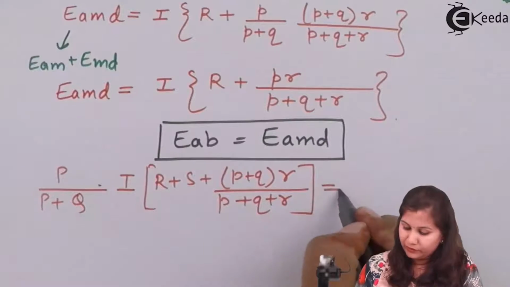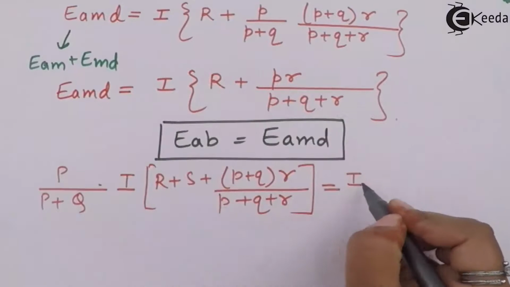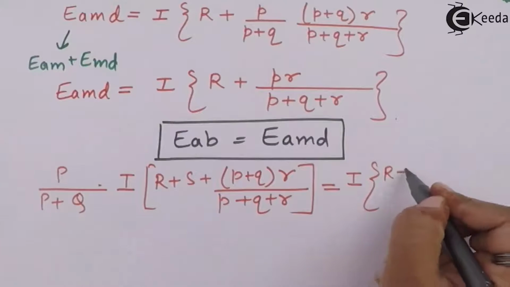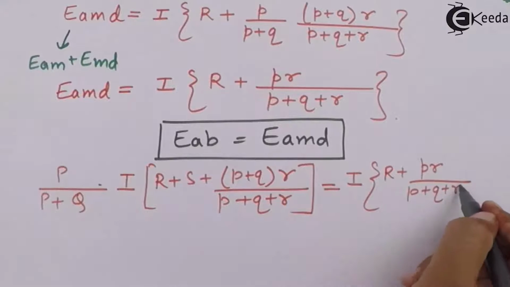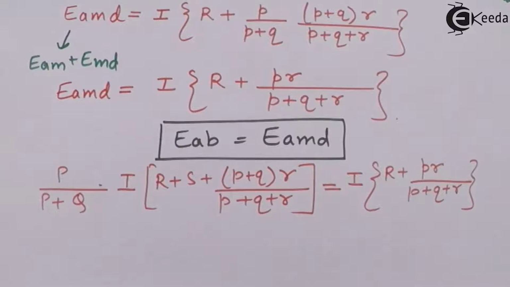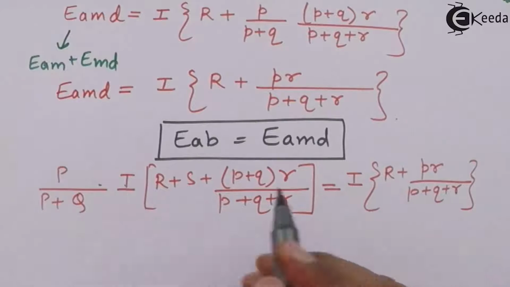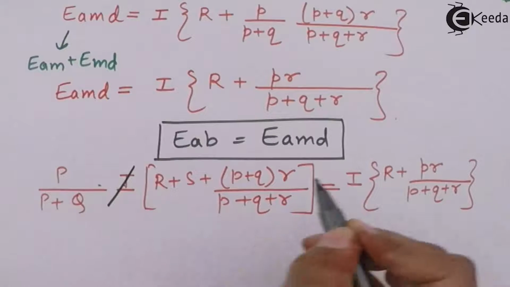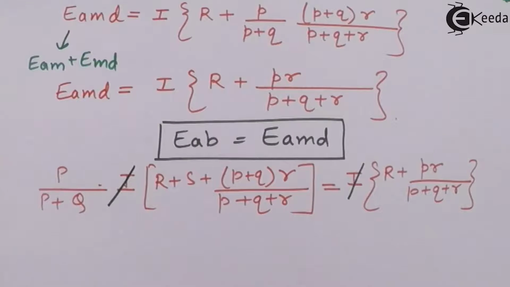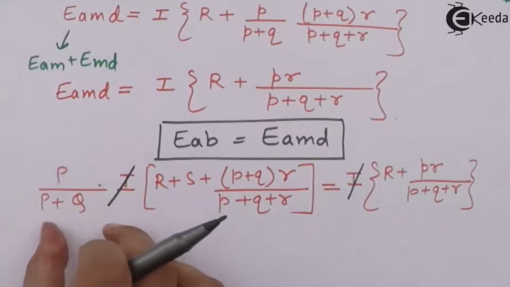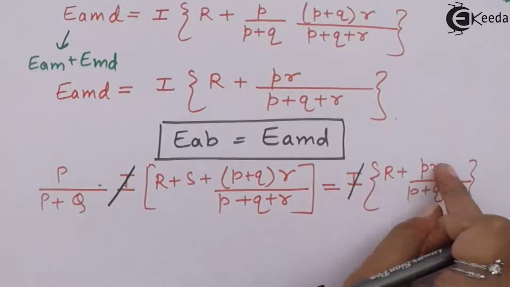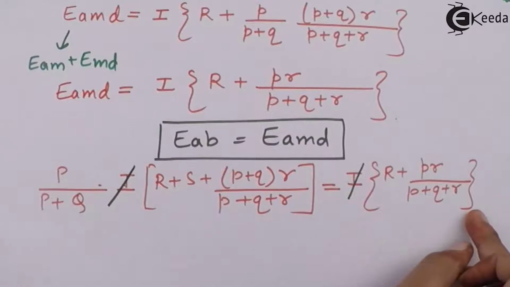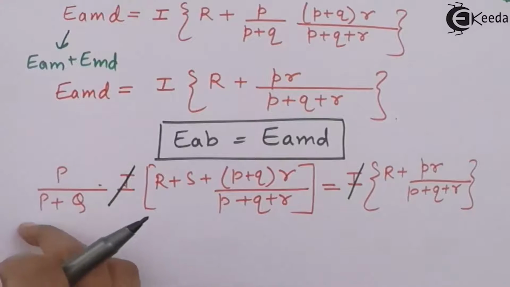We are going to equate it with E_AMD. Now in these two equations we have I as common, so we are going to cancel it out. So we are left with P upon P plus Q and this expression, and on the right hand side we are left with R plus PR upon P plus Q plus R. Let us simplify this.